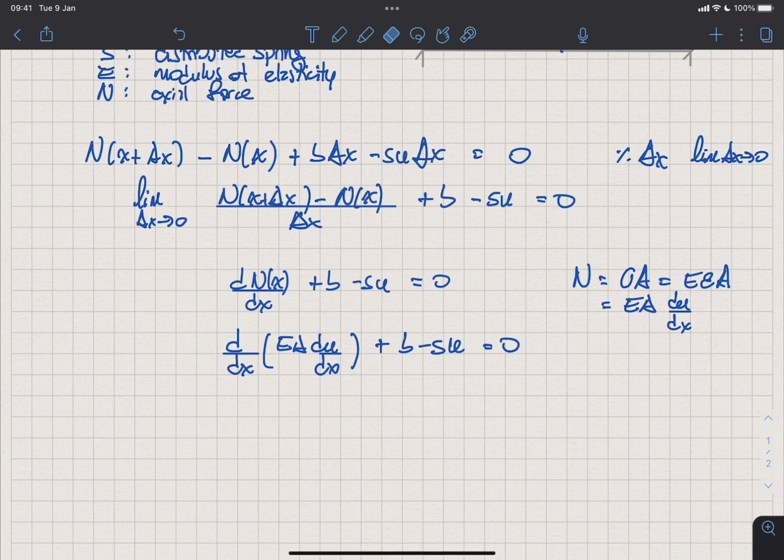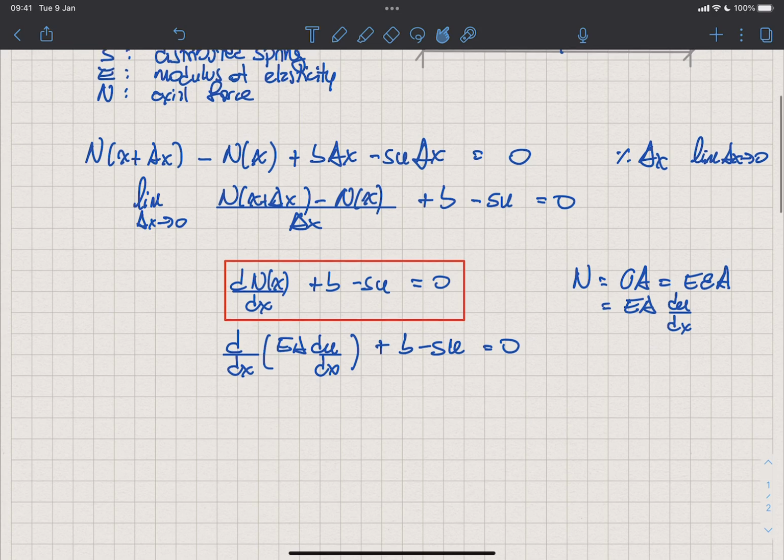Because of that, I'm actually going to put the square on that, because that is our final version of our second order ordinary differential equation.